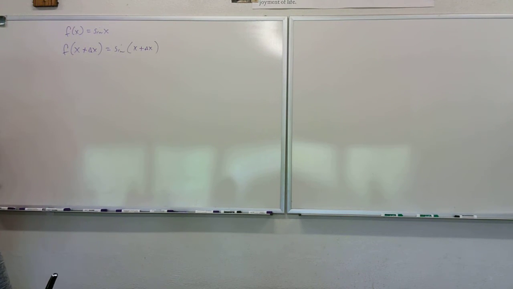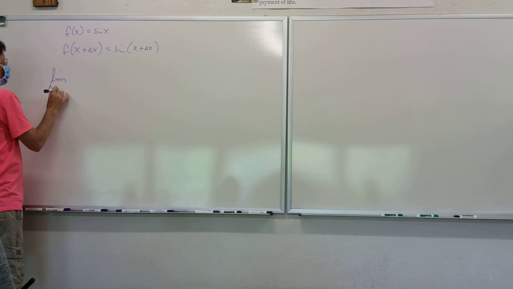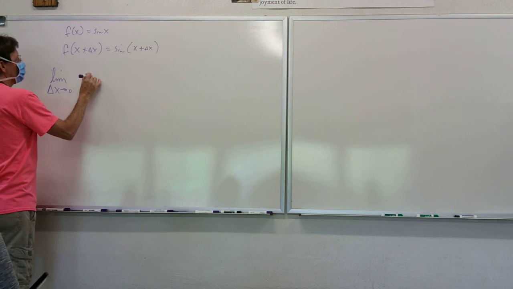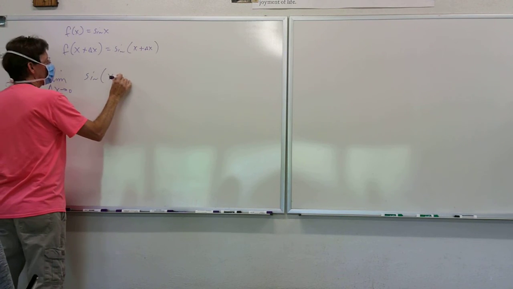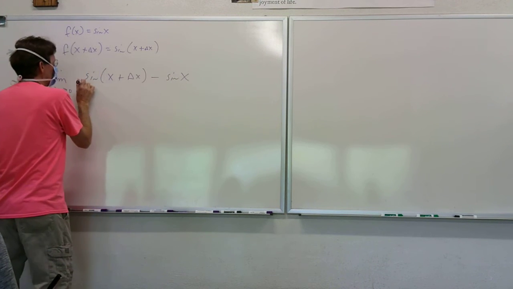And I'm serious, these are easier to prove than what we just did, easier than the quotient rule and the product rule. This is easier because it fits. When you look at it, you're going to know what kind of rules you need. You put it in the formula: the limit as delta x approaches 0 of sine of x plus delta x minus sine of x over delta x.